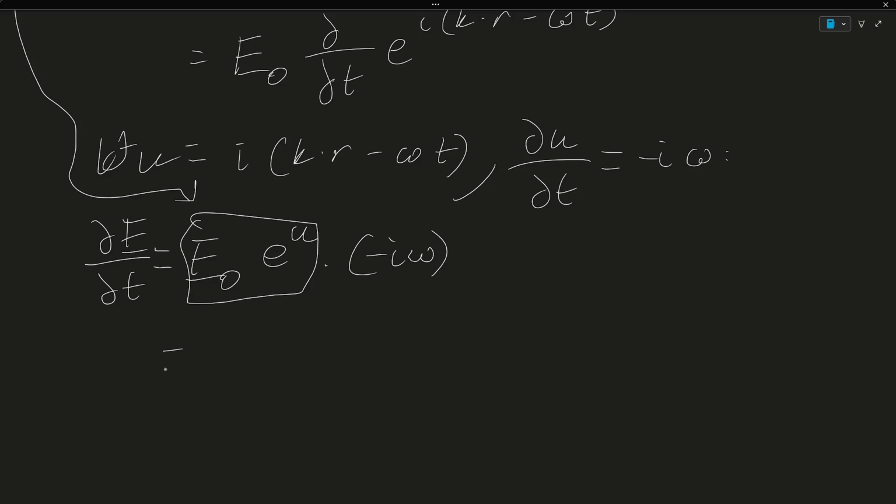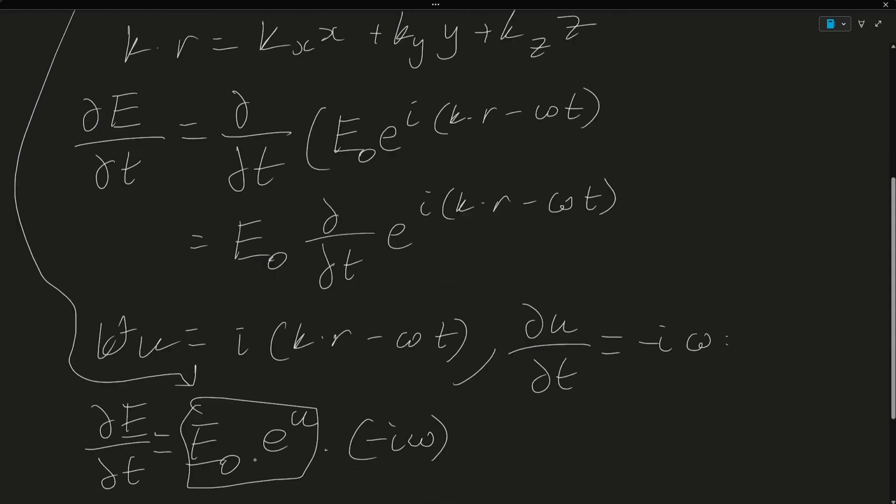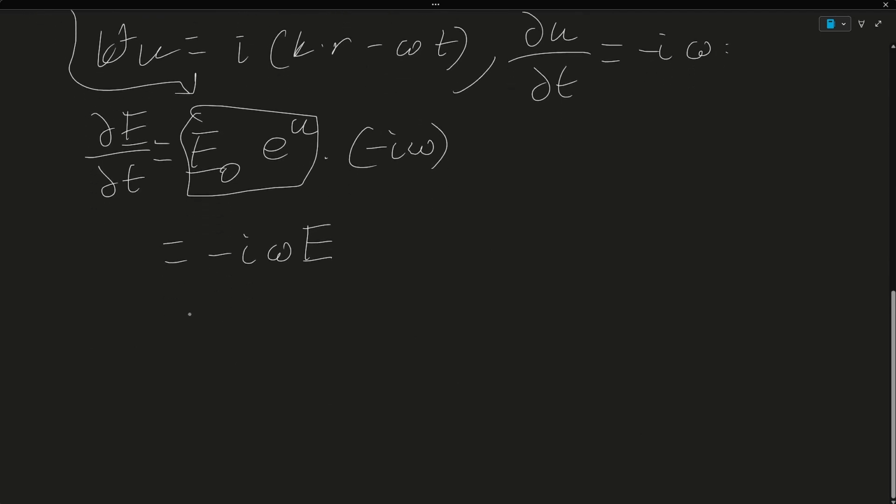So this is just minus i omega E from our definition up there. So for this instance, the partial operator with respect to time transforms as minus i omega.